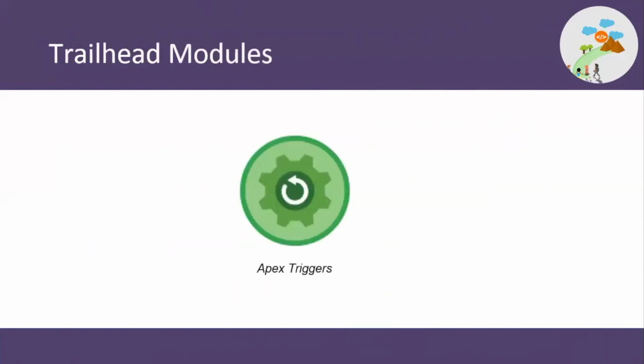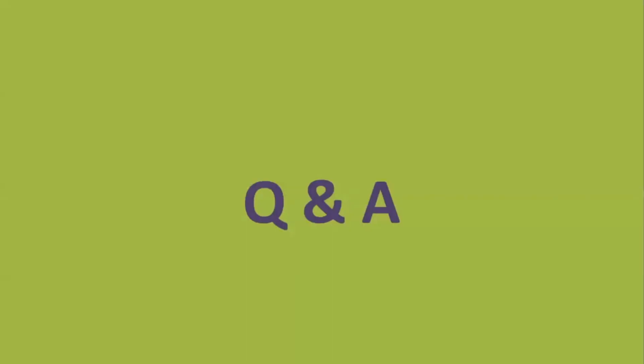And beyond this, if you want to get your hands dirty, of course, there's a Trailhead module on Apex triggers. The module itself doesn't really talk about any pattern except for writing bulk safe triggers, but you can try rewriting the same trigger in the pattern that we saw today, and hopefully that gives you a better understanding of how this all works.